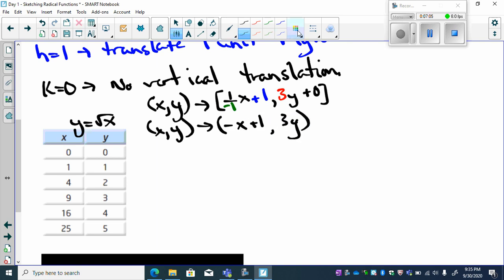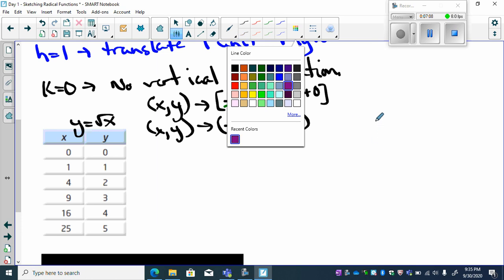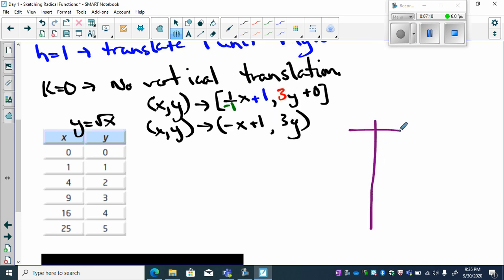So what would my new points become after I transform them? Well, let's figure this out. Let's start with the x values, 0, 1, 4, 9, 16, 25. Multiply them by -1. 0 times -1 is 0, plus 1, I'd get 1. 1 times -1 is -1, plus 1, I'd get 0. 4 times -1 is -4, plus 1 is -3. 9 times -1 is -9, plus 1 is -8. 16 times -1 is -16, plus 1 is -15.